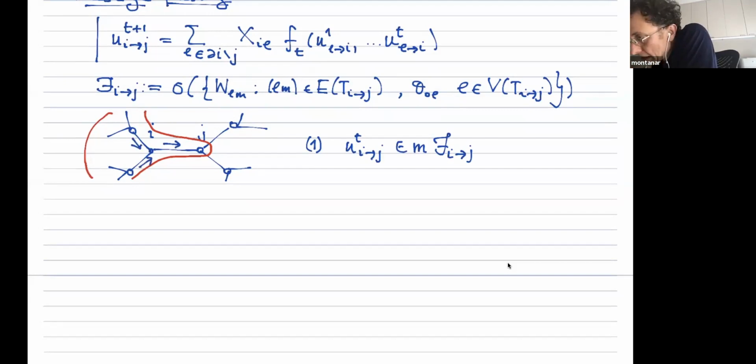If you look at the update, when I update i to j, I use only information from vertices l that are on this side. So it's measurable with respect to that. And in fact, with respect to less than that: if I consider only those vertices that are up to distance t from vertex i, it is even measurable with respect to that.